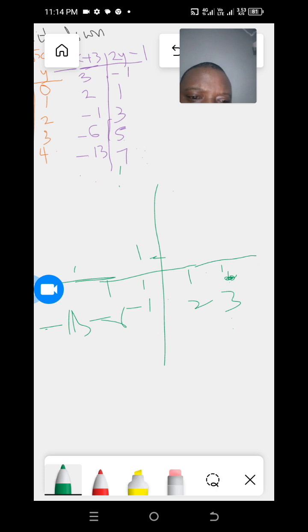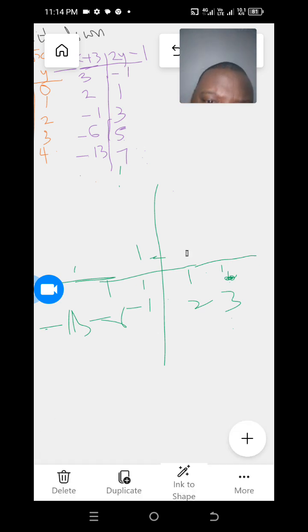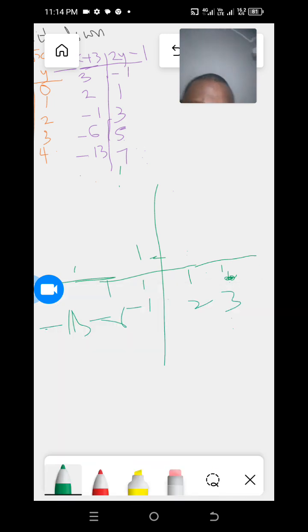So when x is negative 1, y is 3, so it's climbing up. Let's say this is our 3. So y is 3, I think it's around this.